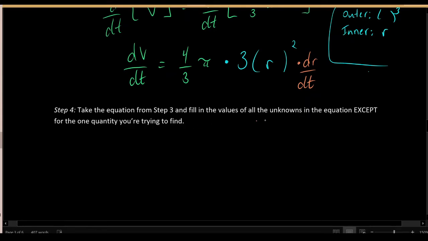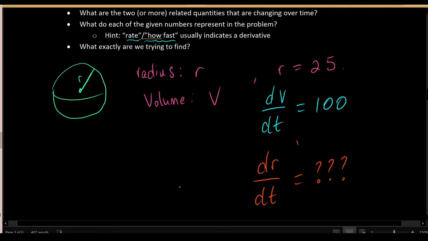Fill in the values of everything that you can until the only quantity that's left unknown in the equation is the quantity that you were asked for in the problem. For example, I was given the fact that the radius is 25. I was given the fact that dV/dt was 100. What I'm trying to find is dr/dt.